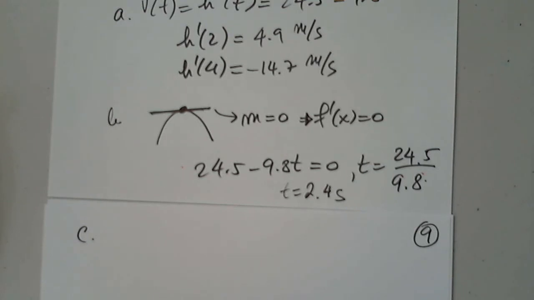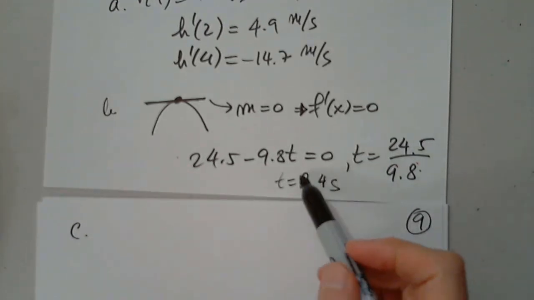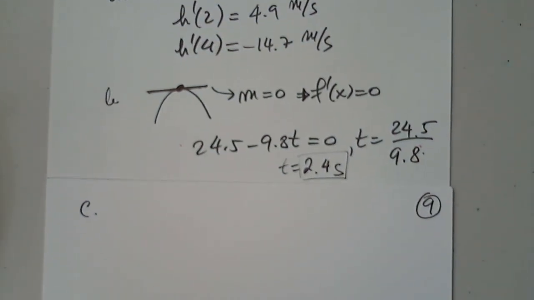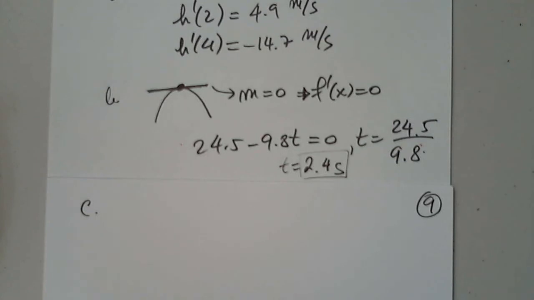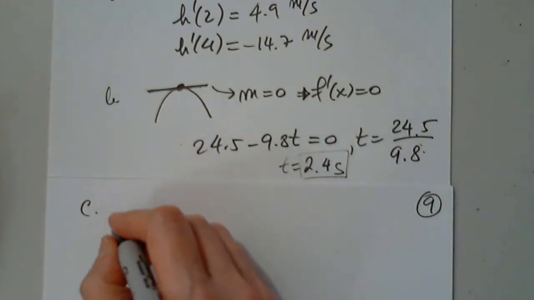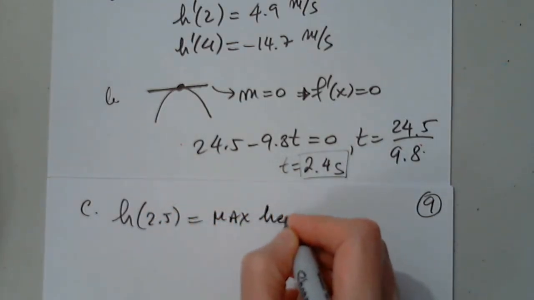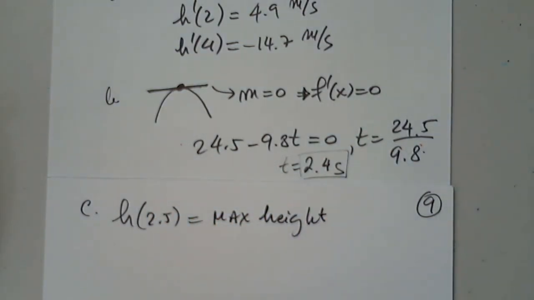In a minute, that's part D. I have the time that it needs to get to the maximum, but now how do I find the maximum? Plug it into h(t). Yes, h of 2.5 is the maximum height. Good, we'll get back to it in a moment.